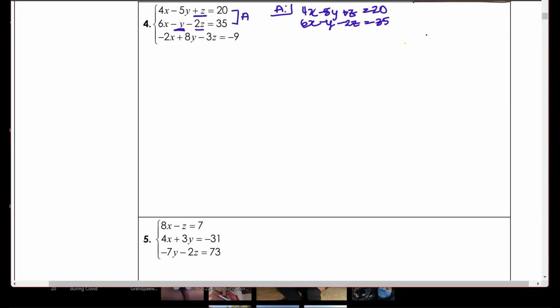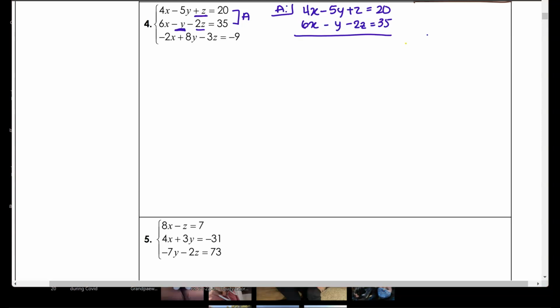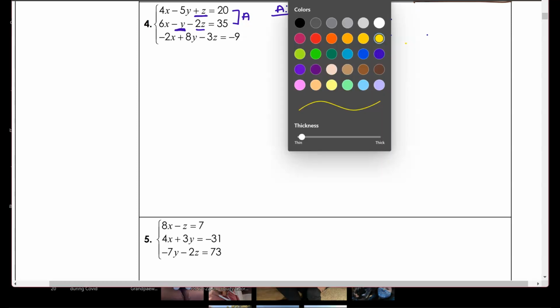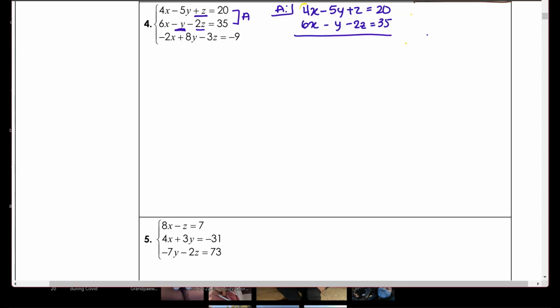I apologize, I don't know what's going on with my tablet here. I'm going to select this top one, and because I have a z there, I'm going to multiply by 2. When I multiply by 2, I get a positive 2z, and I have a minus 2z there, so that will allow those to cancel out.